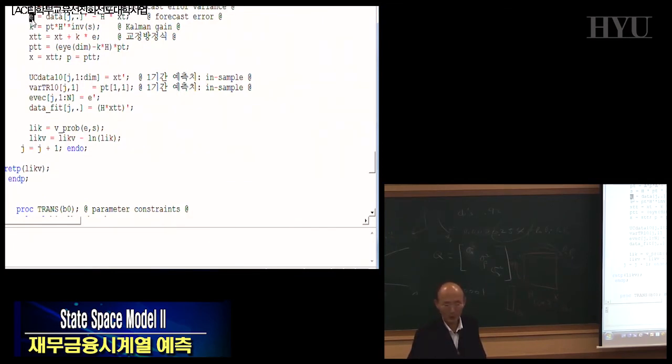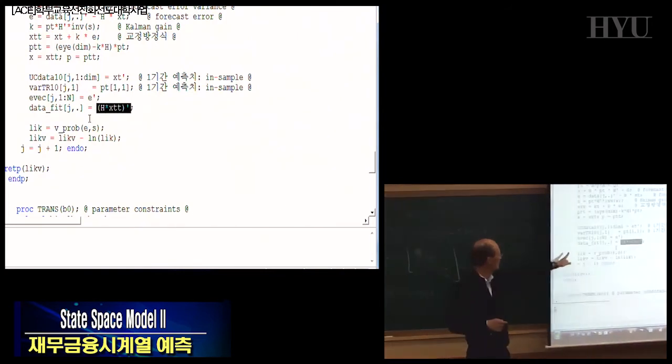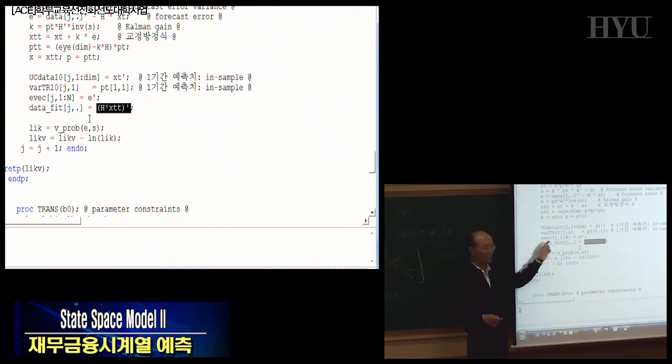That's what I explained. But instead of using xt t minus 1, I can use this xt t, right? So H times xt t, and then I saved it in this vector, which I predefined.